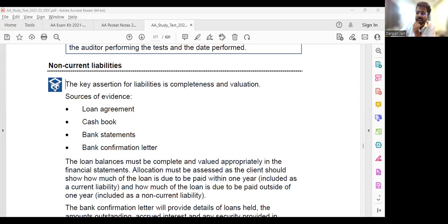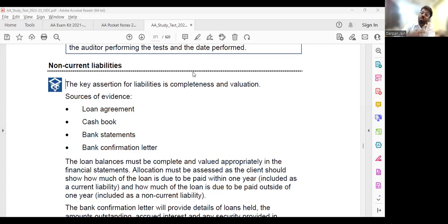Under which head is this long-term loan usually shown? I've got one answer. Sonika says non-current. What about others? Do you show it only under non-current?